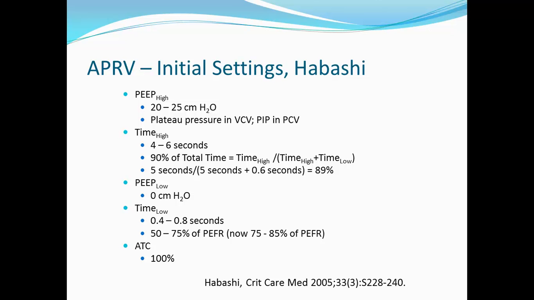The P low, according to Habashi's method, is usually set at 0. He sets it at 0 to allow a larger delta P for expiration. The time low is frequently set at 0.4 to 0.8 seconds, but we usually set the time low so that time low ends when the expiratory flow is 75 to 85% of the peak expiratory flow rate.